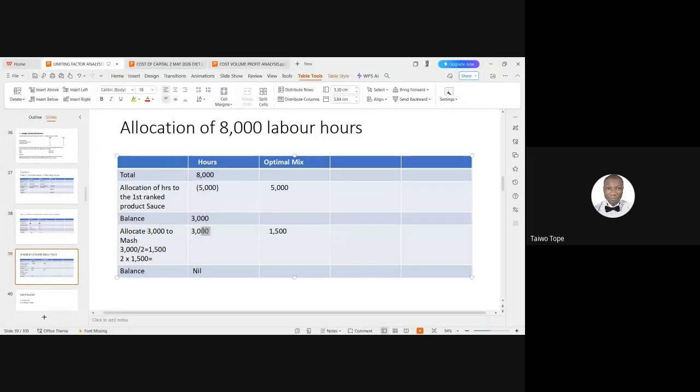So if I have 3,000 hours and I need 2 hours to produce 1 unit of mesh, 3,000 hours divided by 2 hours, how many units will I produce? 1.5. And that is how we exhaust these 3,000 hours and we have a balance of 0. So the optimal mix, that is 3,000 divided by 2. Hope that is clear, sir. Yes, sir. I'm okay, sir.